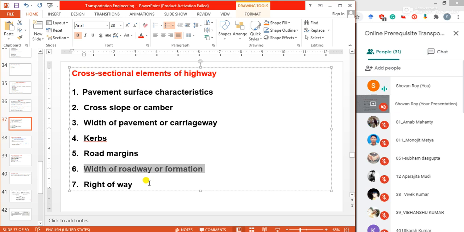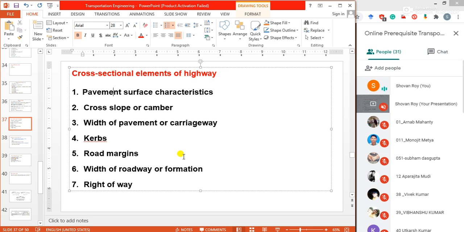So this is very important to us as engineers. Under cross sectional elements of highway we have pavement surface characteristics, cross slope or camber, width of pavement or carriageway, curves, road margins, width of roadway or formation, and right of way. Now let's talk about what these cross sectional elements of highway are.